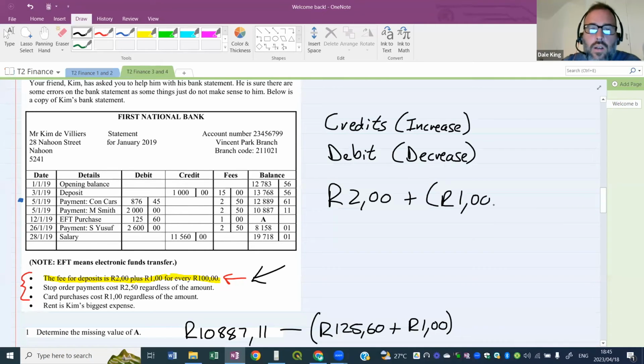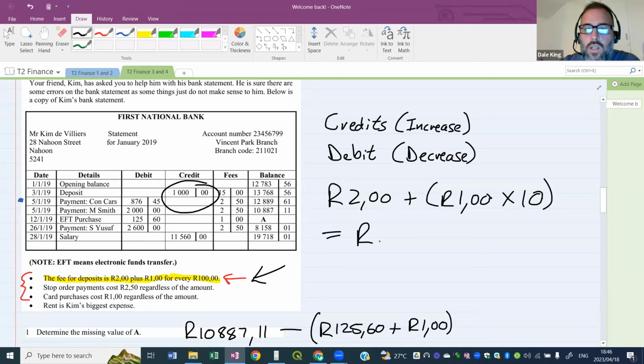Now you all know there are 10 hundreds in 1,000 Rand, because it was 1,000 Rand that was deposited. So there are 10 hundreds, and it's 1 Rand for every 100 Rand you deposit. So we're going to say 1 times 10. There are 10 hundreds in 1,000 Rand.